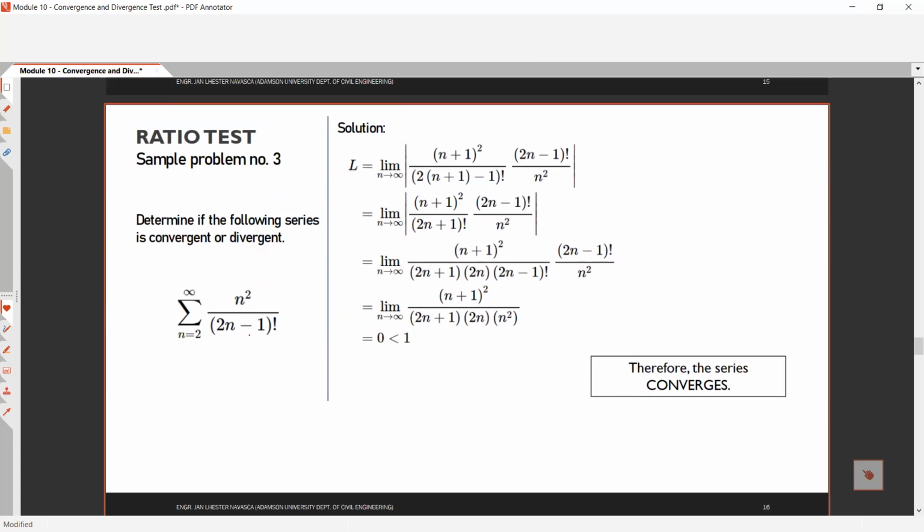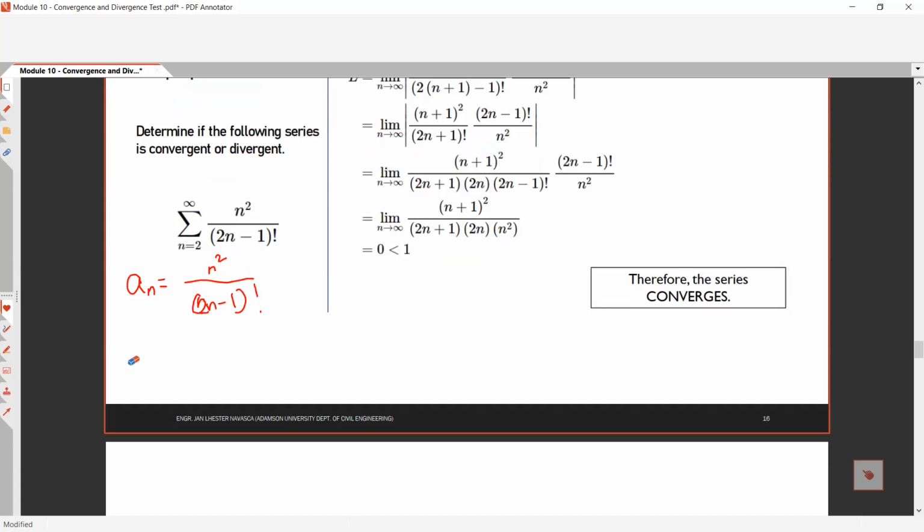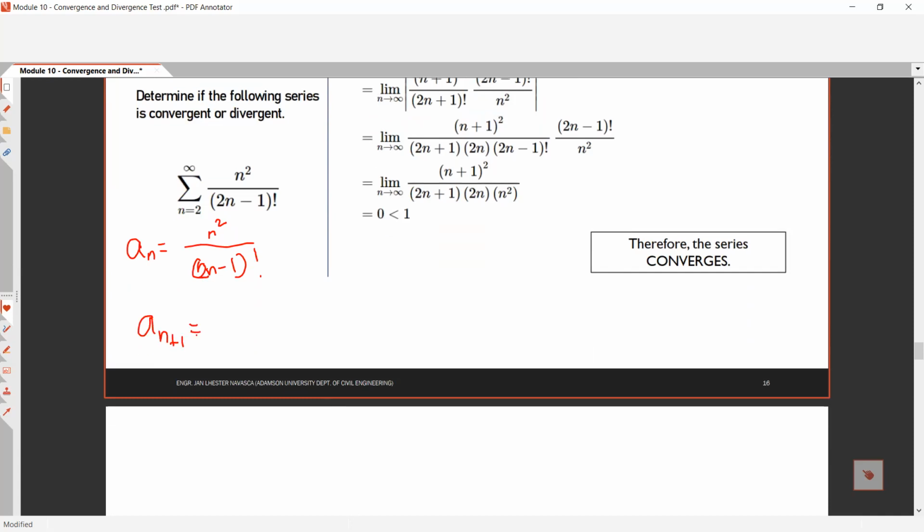So ganun ulit. This will be our a sub n, which is equivalent to n squared over 2n minus 1 factorial. Then taking a sub n plus 1, baba pa natin, yung value of n mo magiging n plus 1 squared divided by 2 times n plus 1 minus 1 factorial.